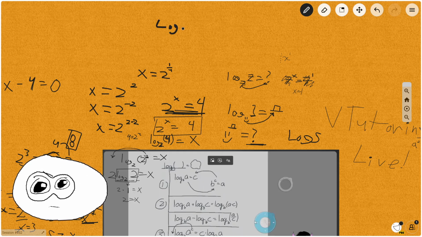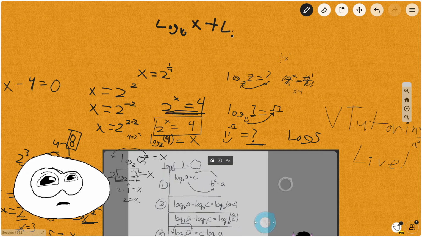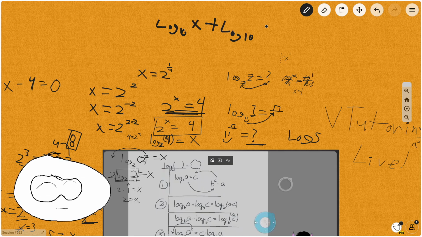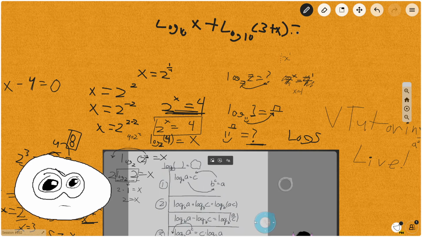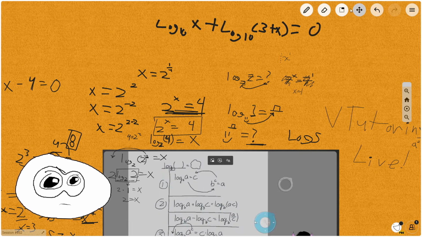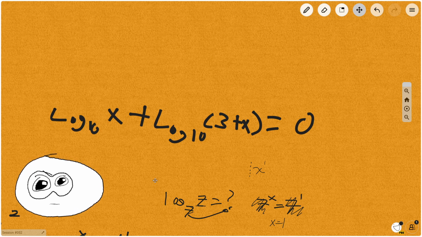log base 10 of x plus log base 10 of 3 plus x equals 0, right? It's a random thing, right?